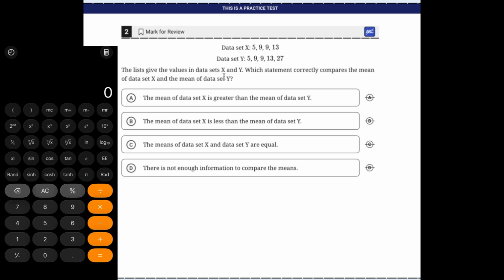Now, data set Y is going to be 5 plus 9 plus 9 plus 13 plus 27. So one additional number, that means we divide by 5. So the mean is 12.6, which we can see is greater than 9.